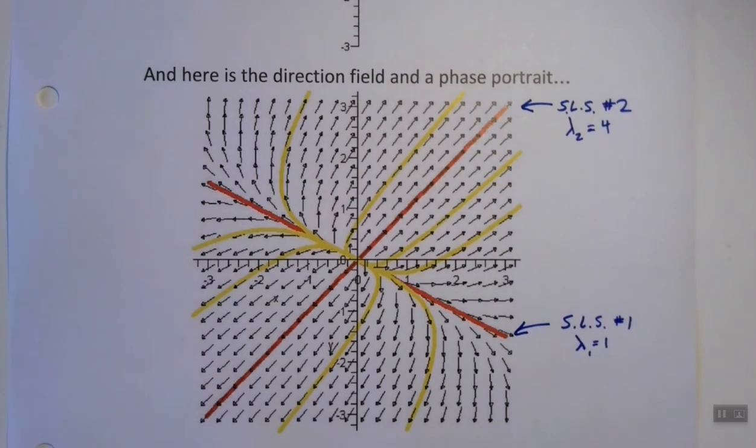And the same pattern holds in this case as last time. You can tell that straight line solution number 2 has more of an impact on the phase plane.